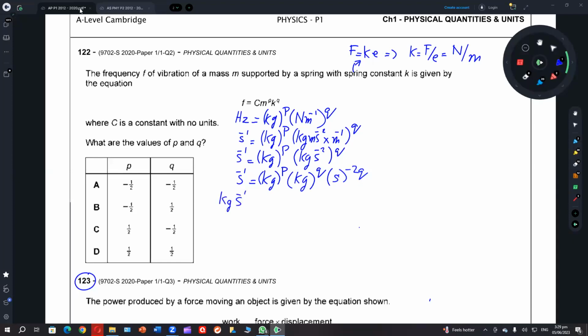There is no kg on the left hand side, so I'm making it 0. If you compare, Q is coming to be half.